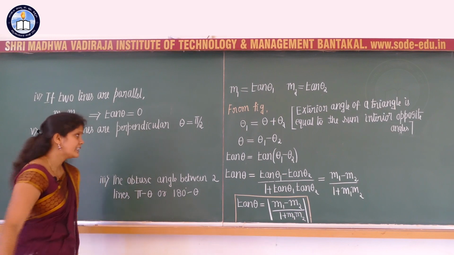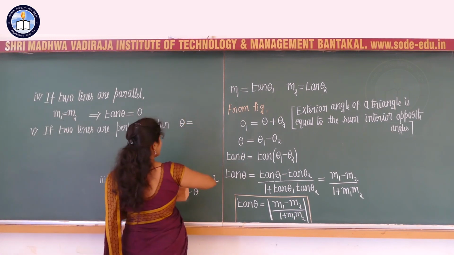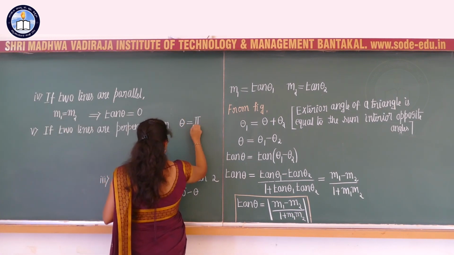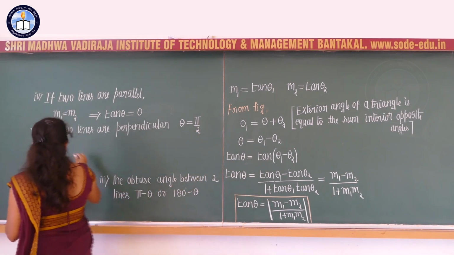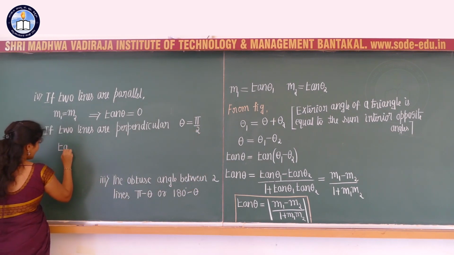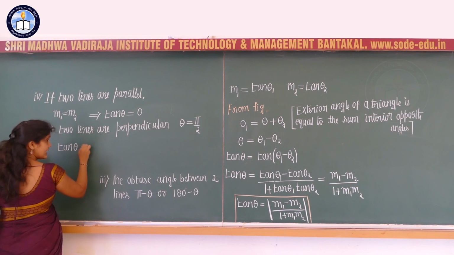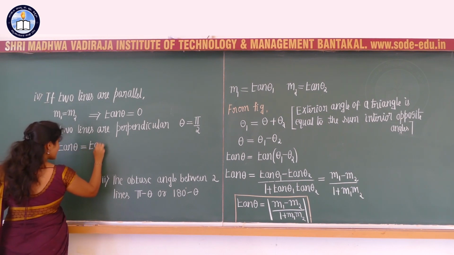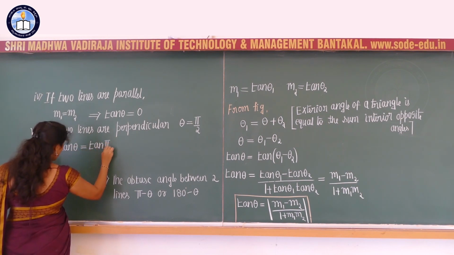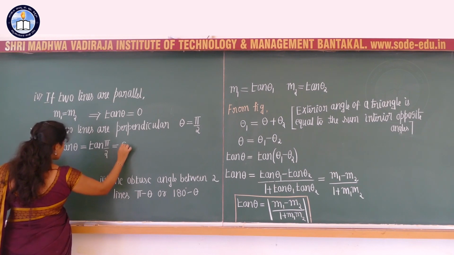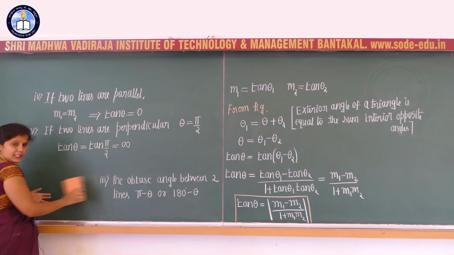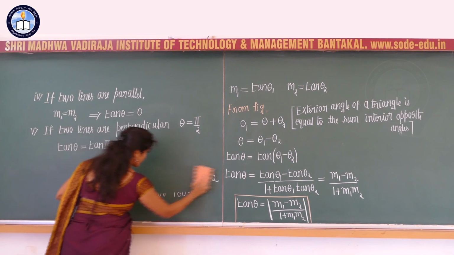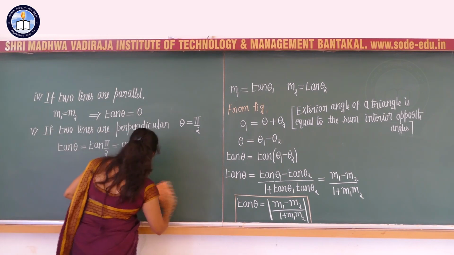Theta equal to 90 degrees if the two lines are perpendicular to each other. So in this case, tan theta is equal to tan of 90 degrees, that is nothing but not defined, correct? Tan 90 is equal to infinity, or I can say that it is not defined.